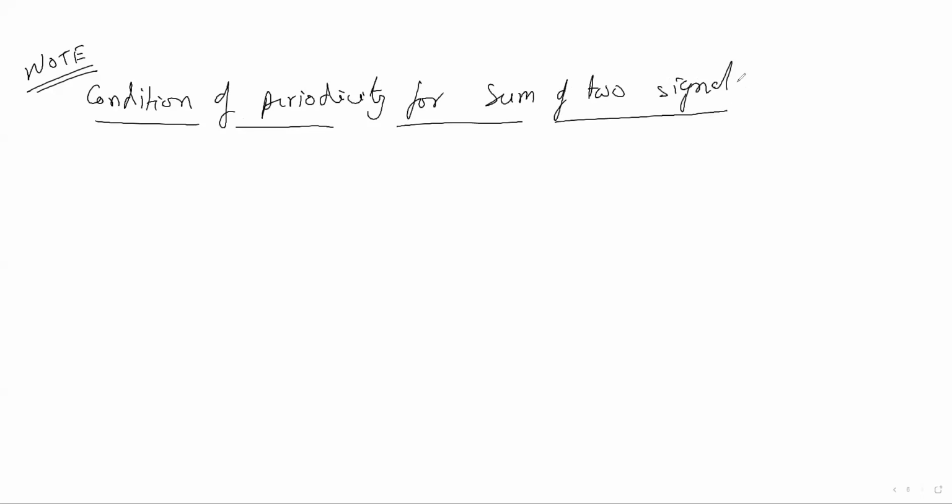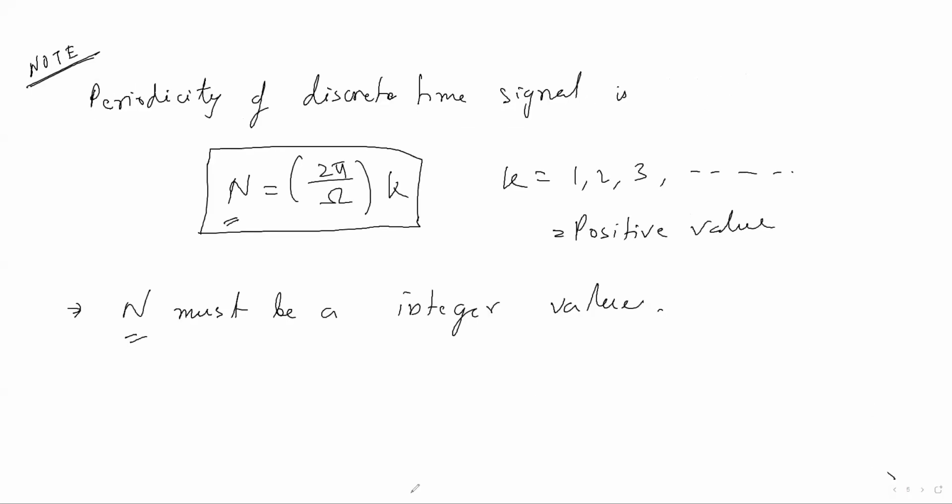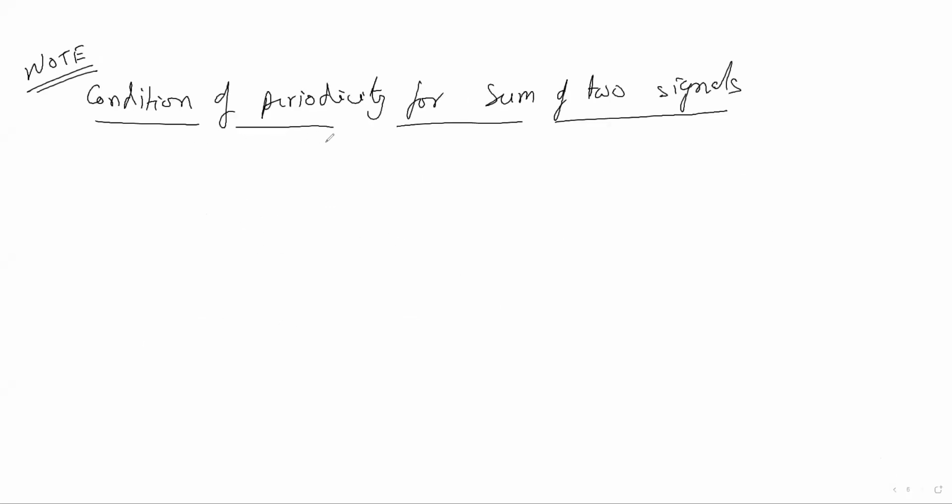Sum of two signals. Here is the condition of periodicity for the sum of two signals. Suppose two signals are summed up, what will be the period? There is some condition. Let me write.